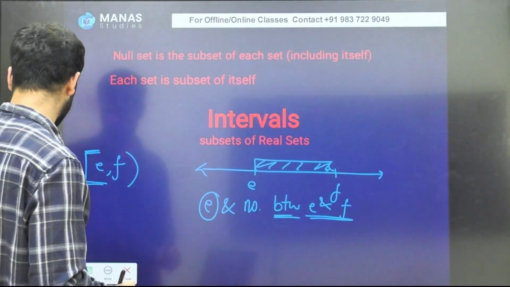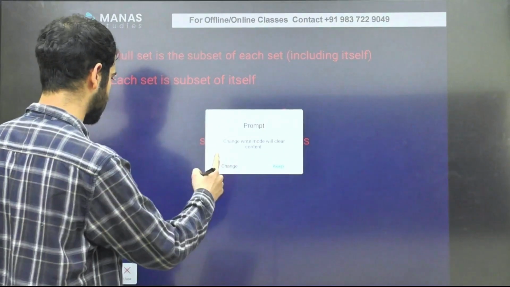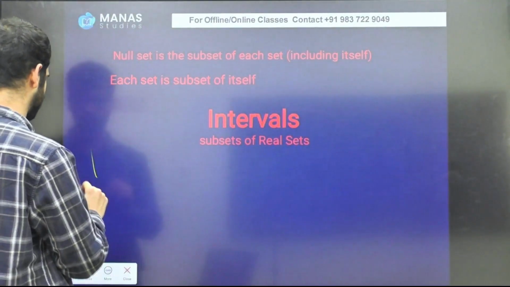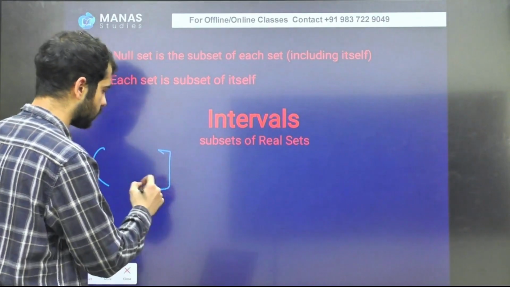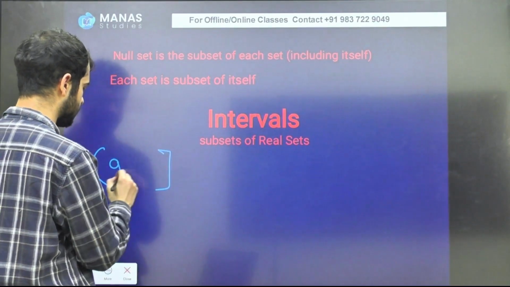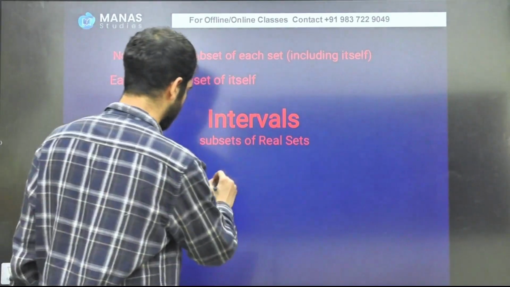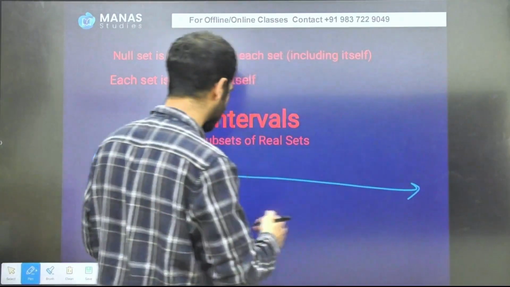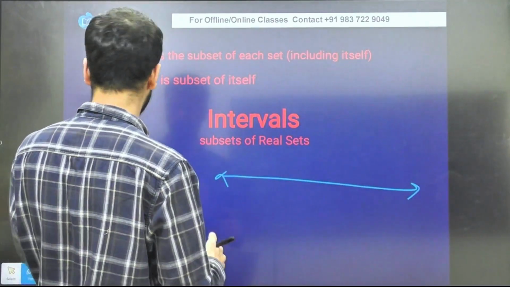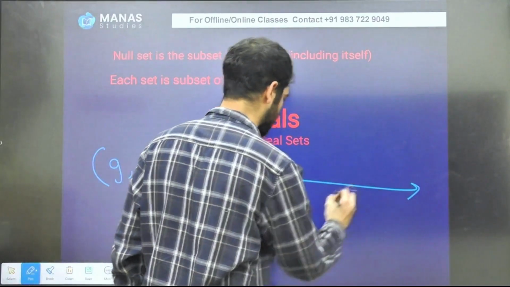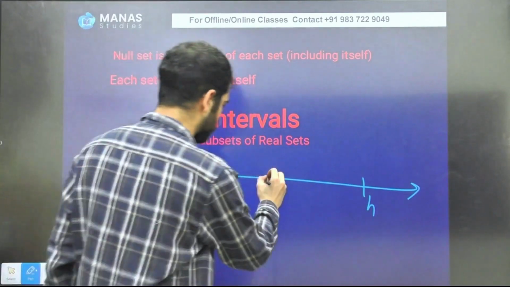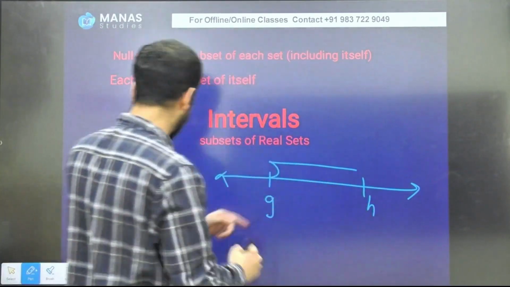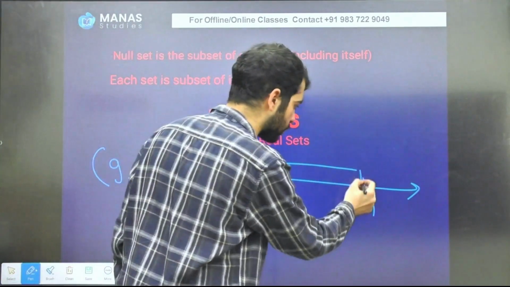Now let's look at another possibility, that is an open bracket and then a closed bracket. Let's say the variables are G and H. Now on the number line they will be represented in a different manner. Let's say this is G and this becomes H. G is at open bracket, so G won't be included, but because H has a square bracket, H is going to be included.